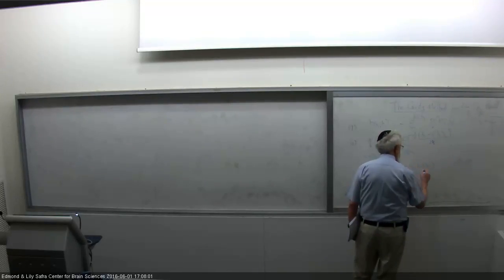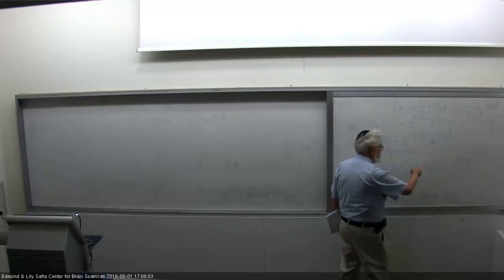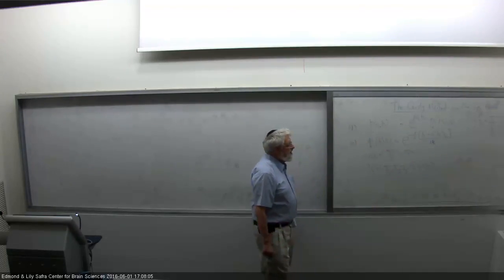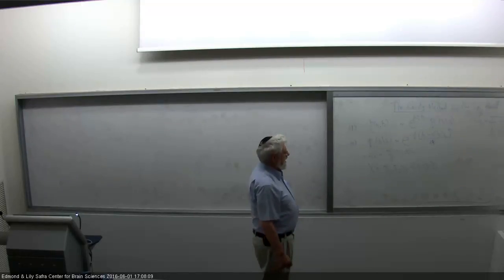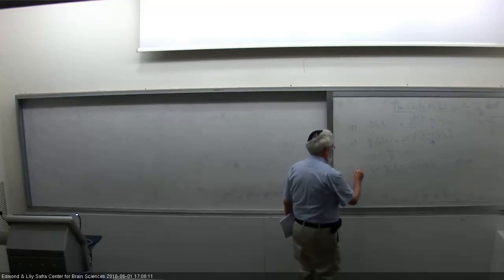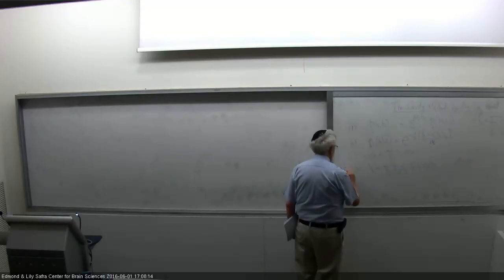This was the cavity correlation between two spins, j and j prime. And this is exact because this is just by definition the variance of the cavity field.